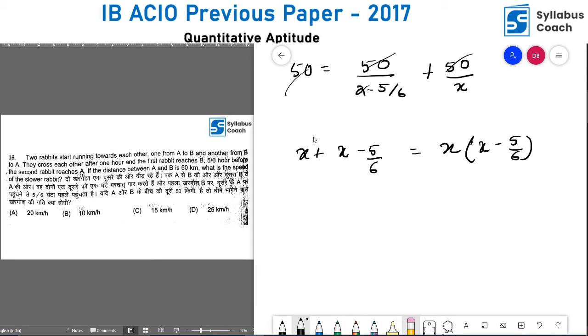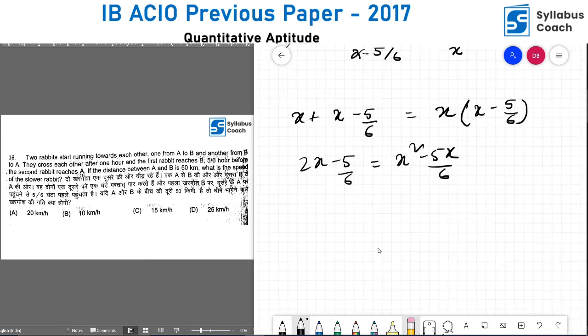I'm just calculating the LCM of this. I'll bring this LCM to the left hand side, and I get 2x minus 5/6 is equal to x square minus 5x by 6. Are you clear until here?